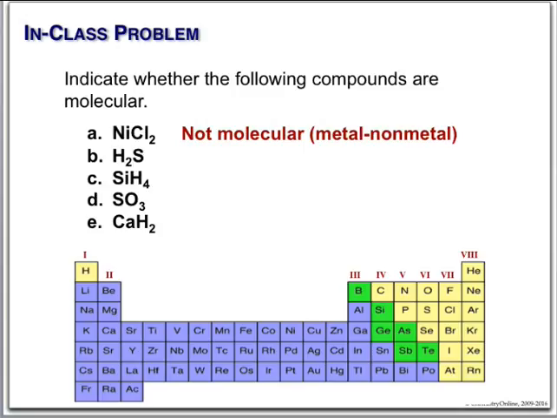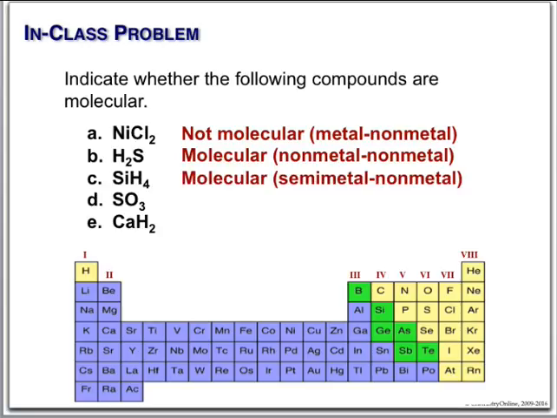Dihydrogen monosulfide. Hydrogen is here, it's a nonmetal. Sulfur is here, it's a nonmetal. This is molecular. Silicon tetrahydride. Silicon, semimetal. Hydrogen, nonmetal.